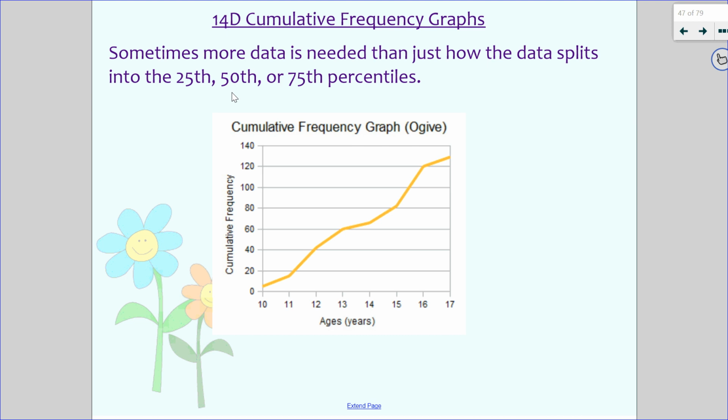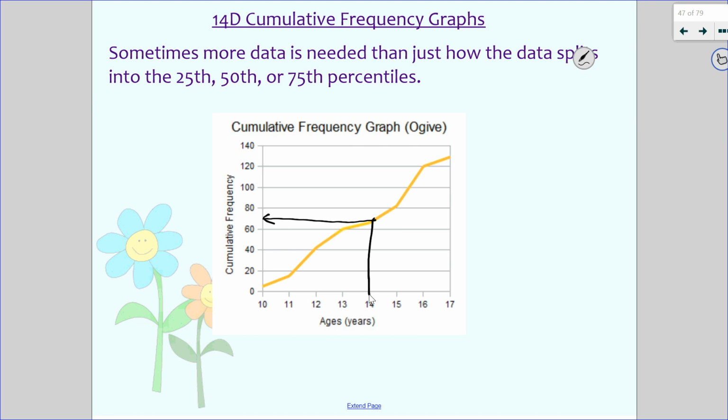And the way you read that is, for example, if they have a group of kids in an area, maybe at a movie, you could go to 14, and you would say about 70 students are 14 and under.